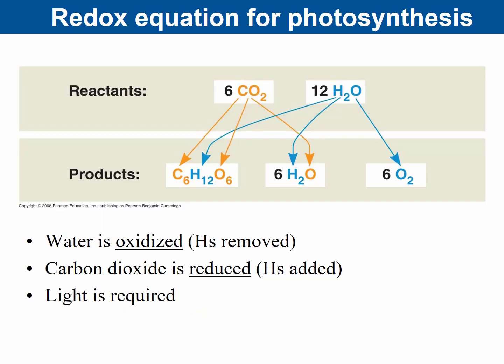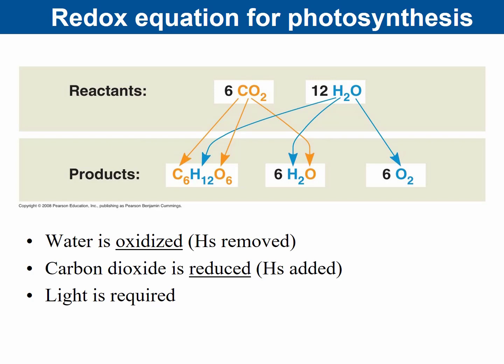And so when we look at our redox equation for photosynthesis, remember, follow the hydrogens. So our reactants for photosynthesis, which are the things we have to put in, carbon dioxide and water. And so if we look at carbon dioxide and we look at water, we know that water has to be the source of the electrons because it has the hydrogens.